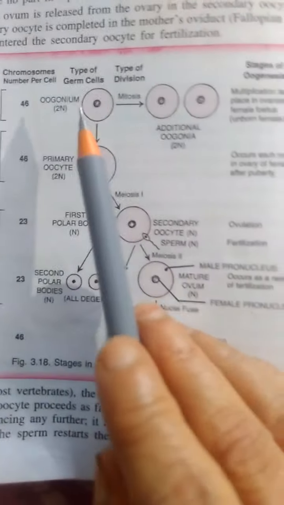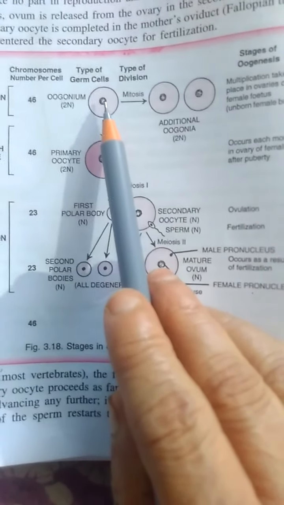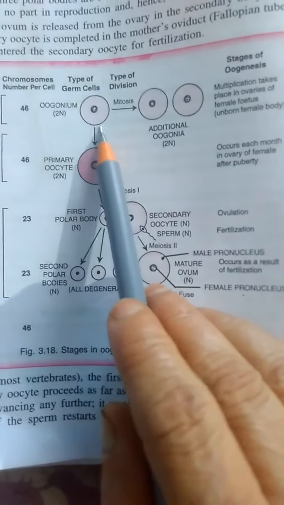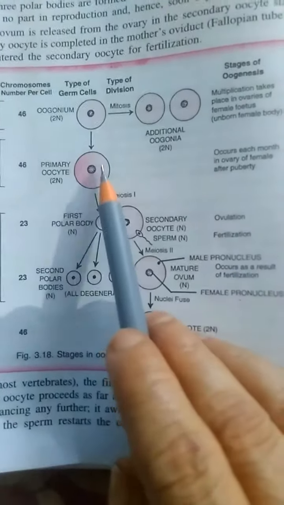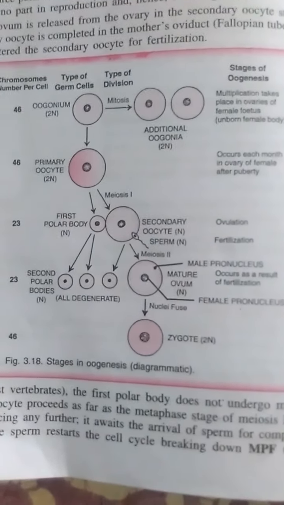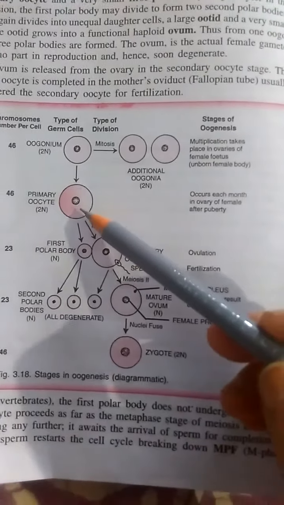So let us now have a look at a diagrammatic representation of oogenesis. This is oogonium or the egg mother cell. Ploidy is diploid. This oogonium grows and gets transformed into primary oocyte, right? Once again, what is primary oocyte?